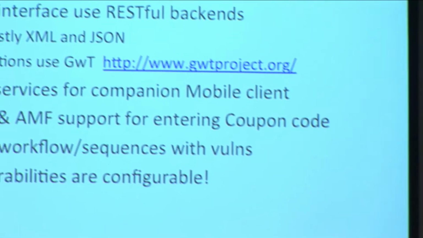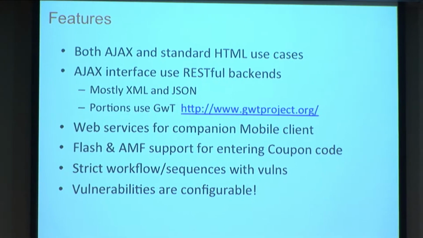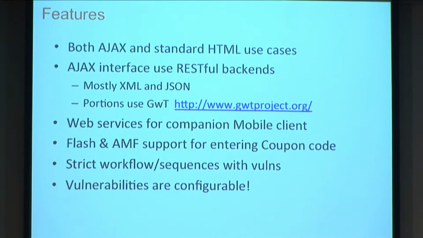It's got a nice little config wizard, like an installation wizard that gets your database set up, just like any other app generally. Like I said, as for the features, it has some standard HTML, but it has some AJAX activity, mostly XML and JSON. There are portions with the Google Web Toolkit libraries. So we've scattered different technologies.